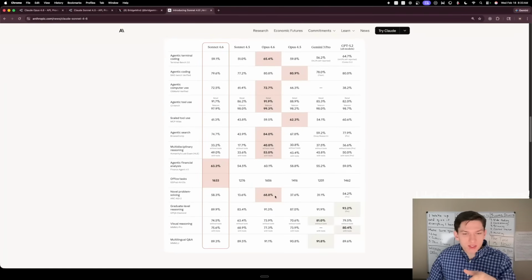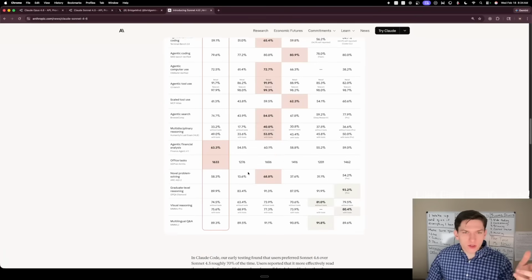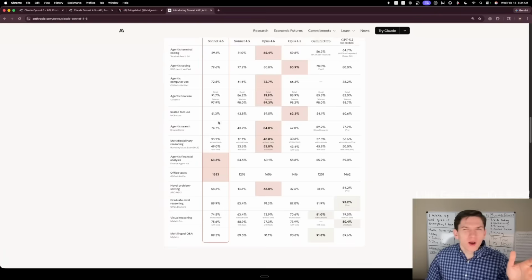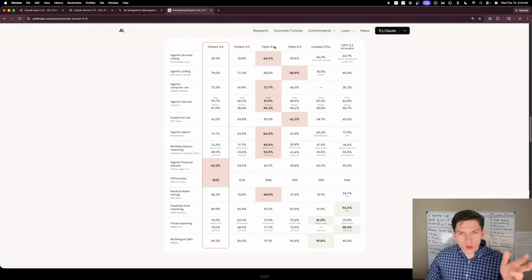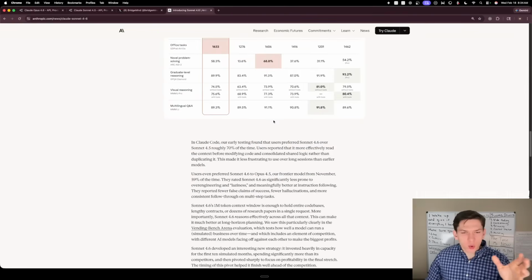Opus 4.6 is 10.5% higher than Sonnet 4.6. So there's a lot that you can look at here and say, okay, Opus 4.6 is still a really capable model that is better than Sonnet 4.6. So you have to weigh, okay, do I want that improvement in speed, but do I also want to have that at a price reduction, right? You just have to ask yourself that question.